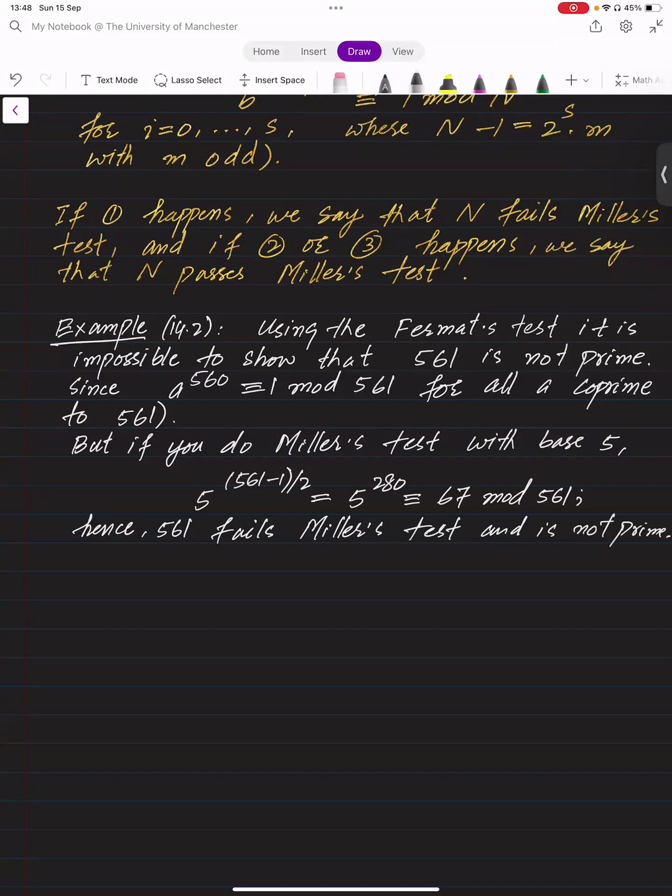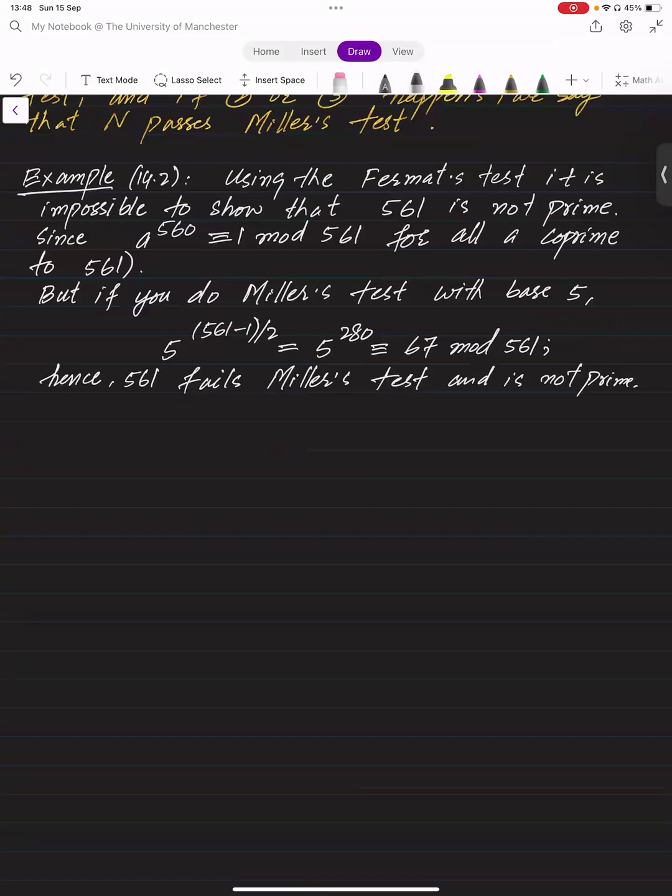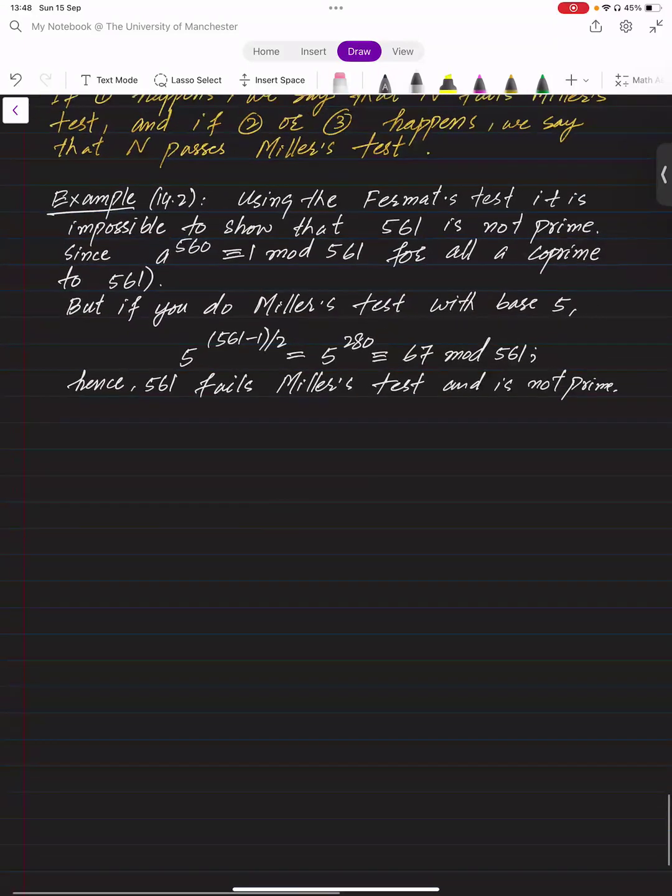Okay. We now know that if n fails Miller's test, then it is definitely not prime. But what if n passes the test? Here is the crux. Clever, but not too difficult. So let's write that.